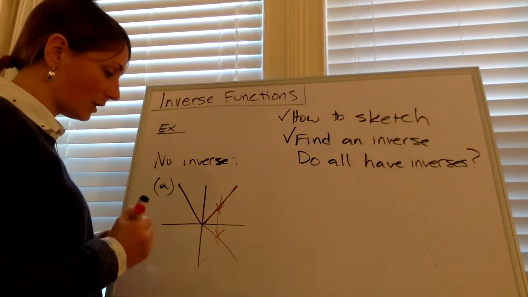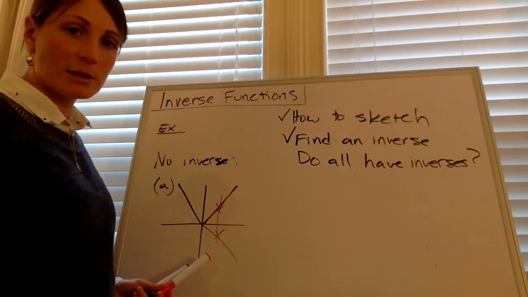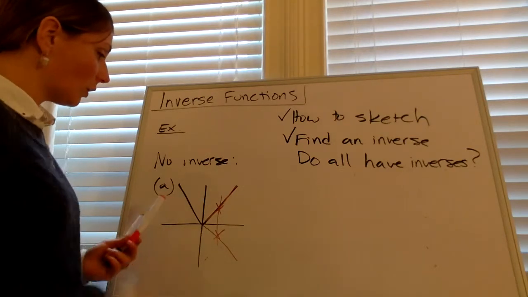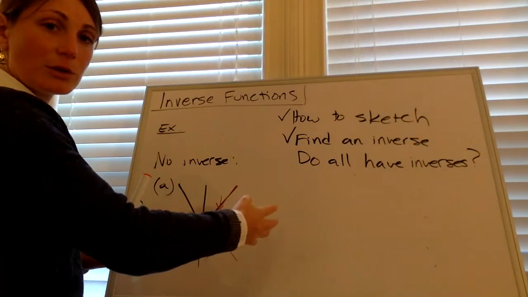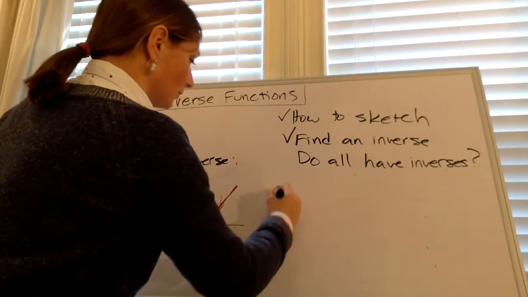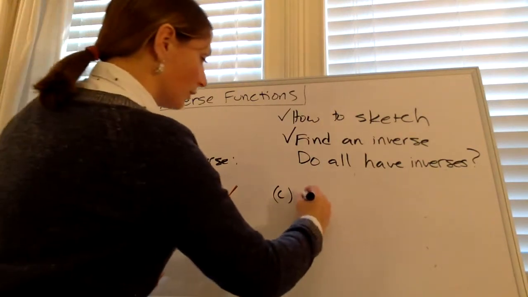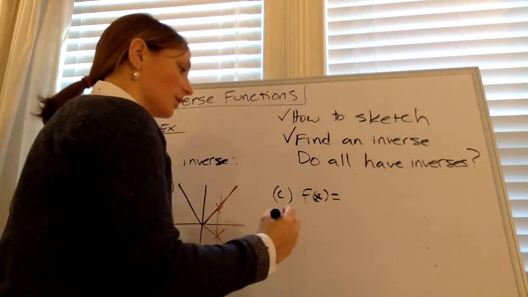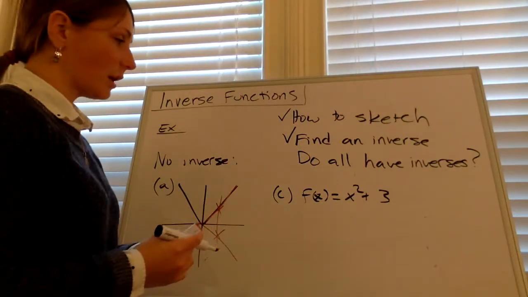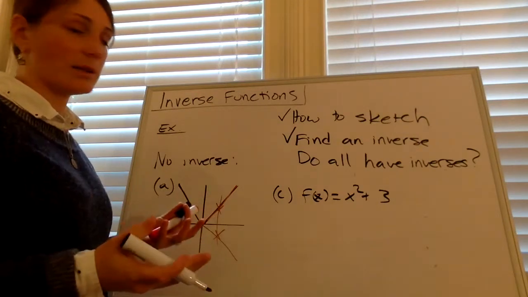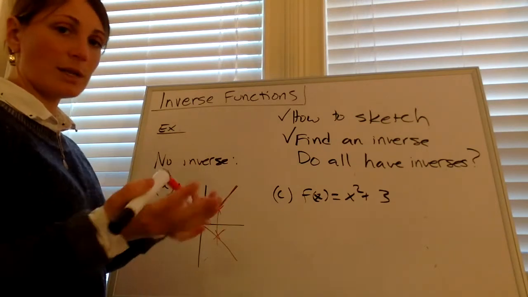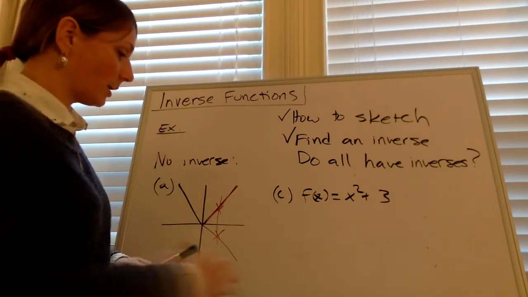Okay, so essentially, just like we do a vertical line test to see if something is a function in the first place, we can do a horizontal line test to see if a function will have an inverse. Okay. Another function that has no inverse, f of x equals x squared plus 3. Okay, another parabola. It's not going to have an inverse because its reflection is not a function. Right? So there's lots of other functions out there besides parabolas, but that's the basic gist.